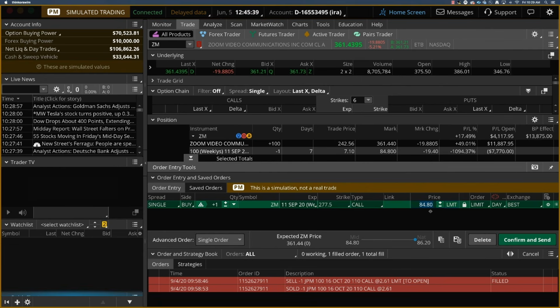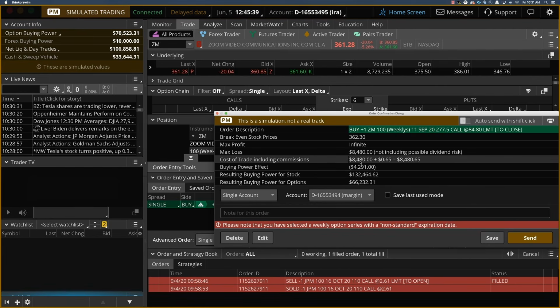And the investor might be shocked by that. But you have to remember that the gain also is coming from the stock. So the stock gain is paying for the loss in that option for a net of about $4,000. If the investor is okay with that, they can go down to confirm and send.